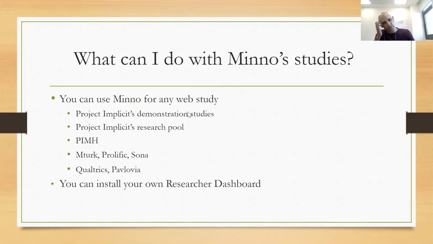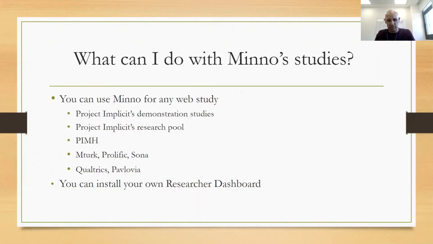Before that, I should tell you a little bit more about Minno. You can use Minno to run web studies in many different contexts. We created it in order to create and run the demonstration studies, the IAT studies, and also the research pool studies.